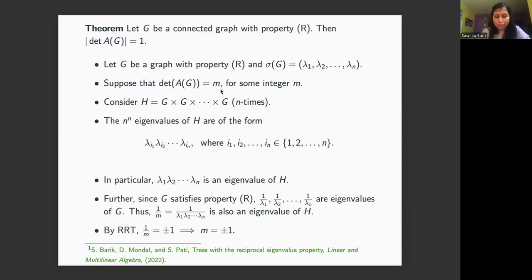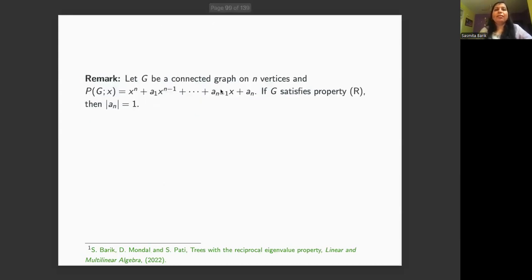Okay, so this result we used to talk about the weak reciprocal eigenvalue property. Here we can also make the remark that if you take a connected graph and G satisfies property R, then the last coefficient is plus 1 or minus 1.